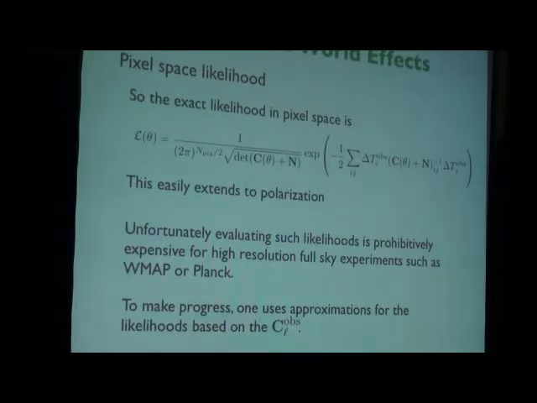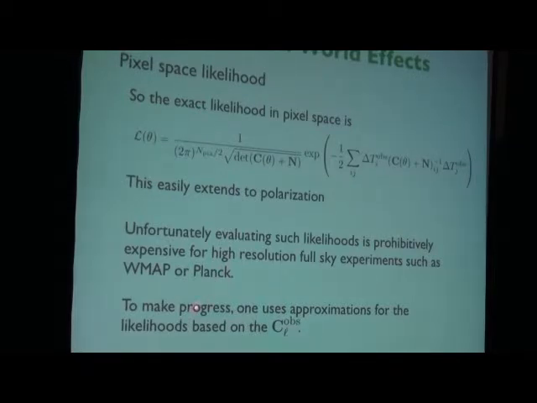So high resolution, full sky experiments, because you have a large number of pixels. So you might have something like 50 million pixels in the maps for Planck, for example, and you have temperature and polarization. So the covariance matrix here would be 150 million by 150 million. You have to invert it every time you want to evaluate this thing as a function of your cosmological parameters, because this dependence on theta is eventually what we're interested in. So this is just really not feasible in practice.